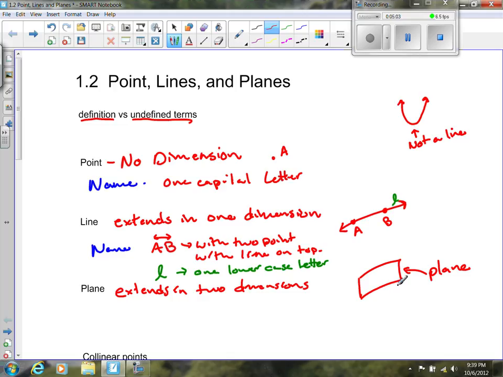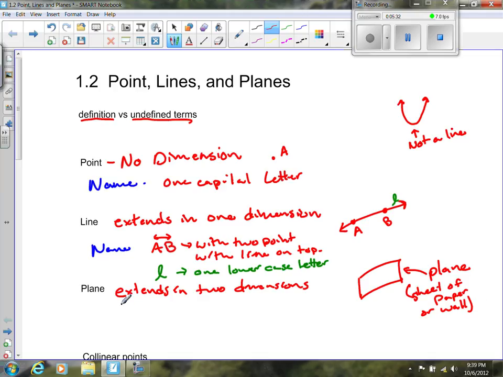So I think of a plane as a sheet of paper, or a wall. Okay, it's flat. It has no dimension in that flat side, and it extends on in those directions. It just keeps on going.